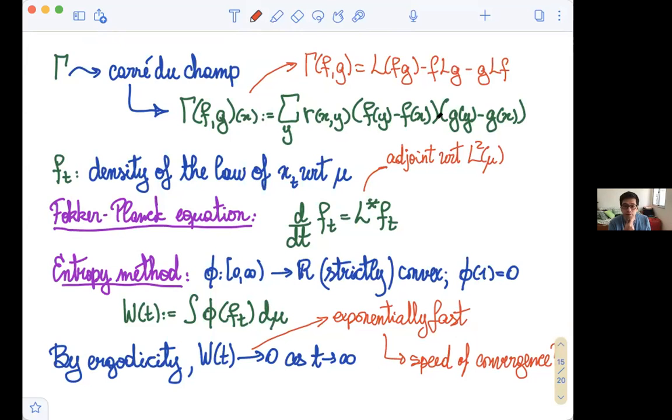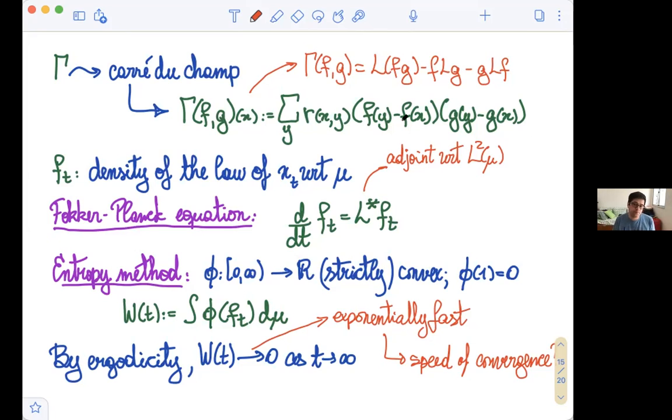So it's really, instead of looking at the average change of the function f, you look at the average square change.